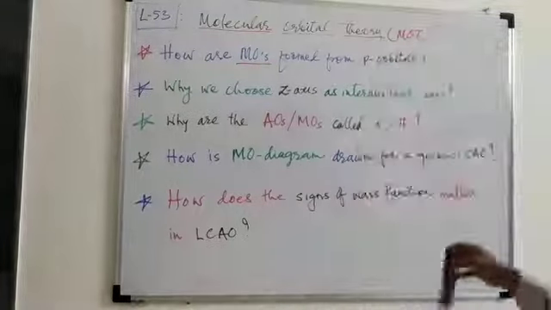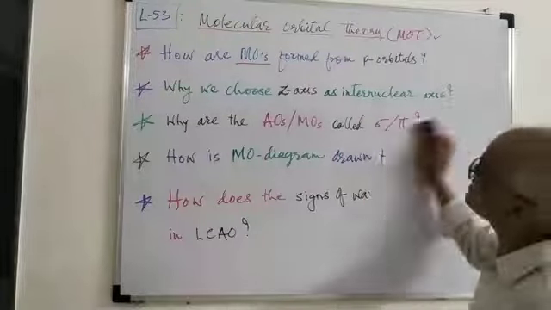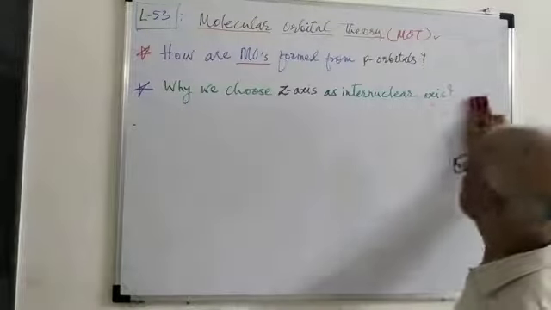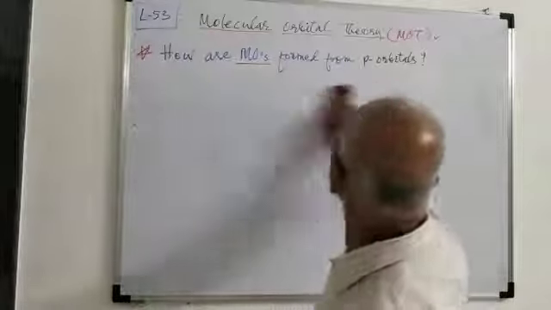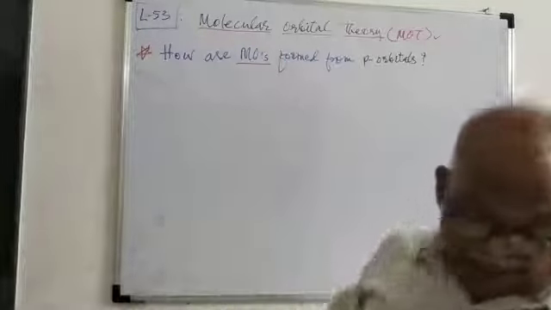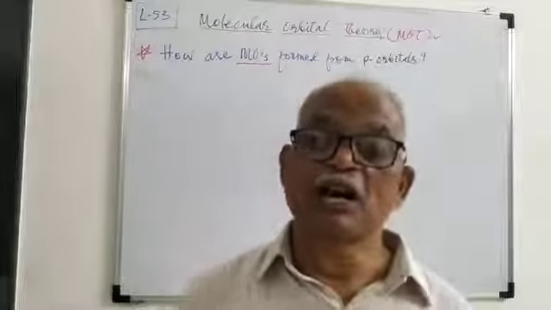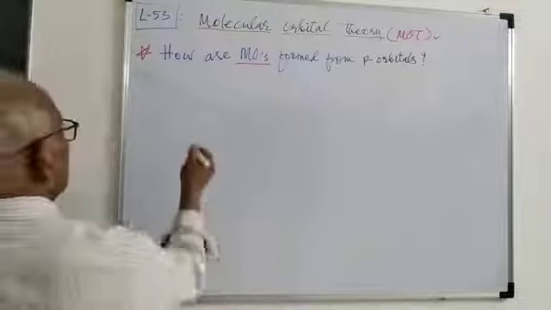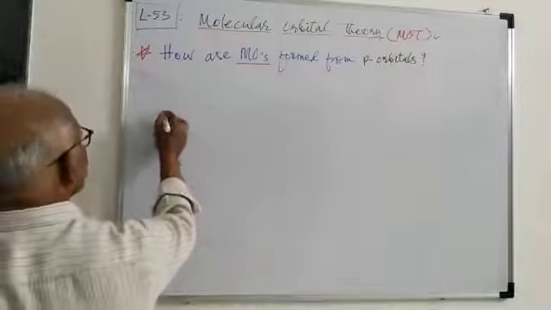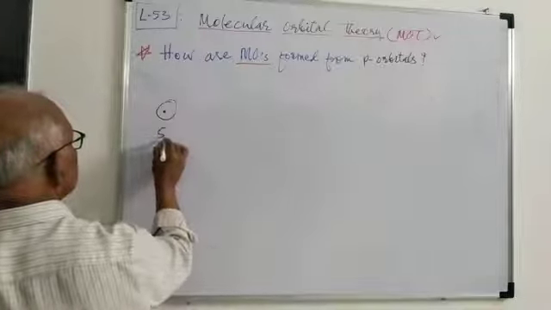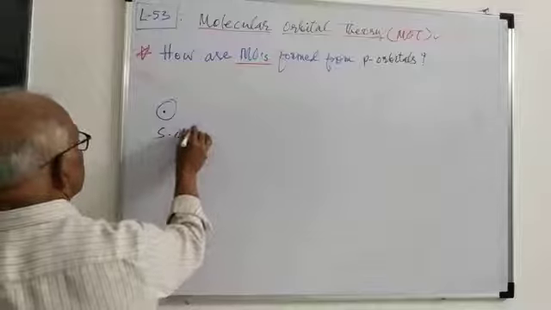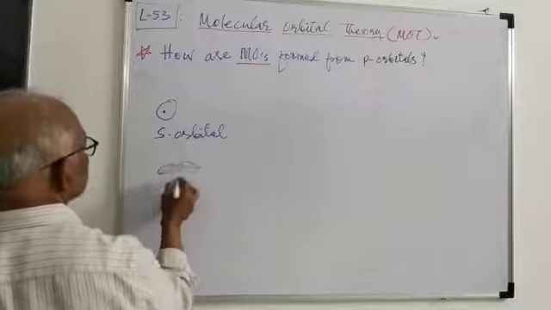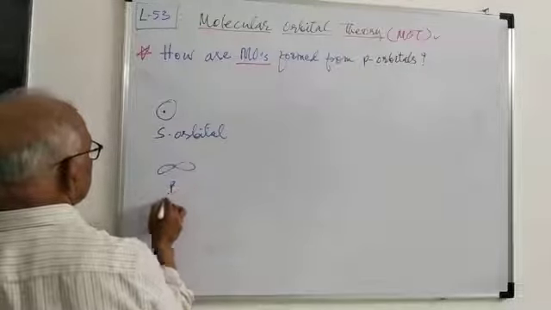So we will begin with the first point, that is, linear combination of atomic orbitals resulting in the formation of molecular orbitals. We have seen in previous topics the shapes of the electron clouds of s orbitals and p orbitals. The spherical shape is shown by the s orbitals, whereas this type of shape is shown by the p orbitals.